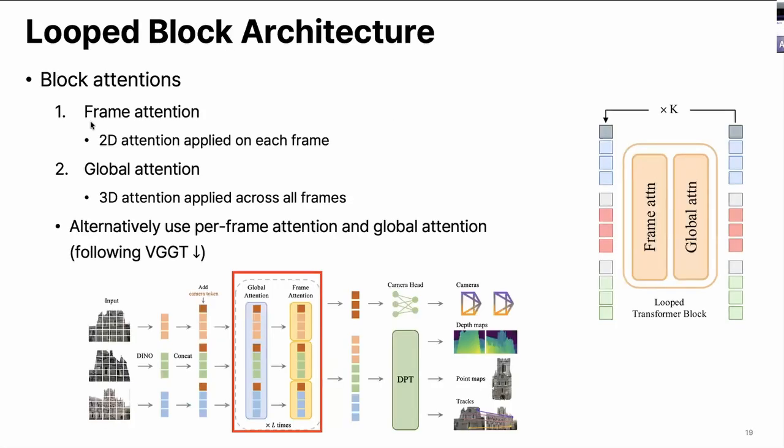Inside the looped block, they use two types of attention. The first is frame attention, which operates within each image, like you can see in this figure. And the second is global attention, which operates across all frames. This makes the model compare information between views and reason about multi-view geometry. And actually, this design follows the prior work VGGT, and this is a kind of convention in 3D reconstruction transformers nowadays.